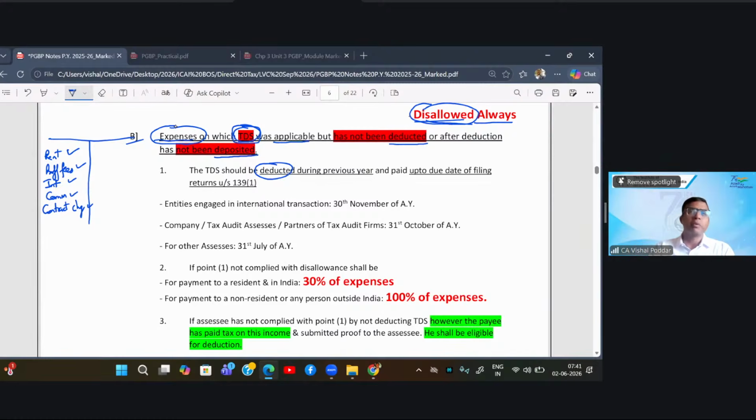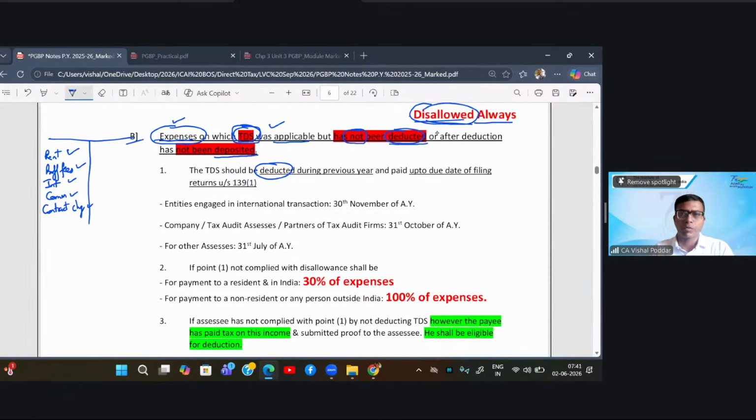Now, what does the PGBP chapter say? Whenever you are making payment of business expenses on which TDS was required to be deducted as per the TDS chapter, and you did not deduct the TDS, so you forgot, you missed, so you made me the entire 5 lakhs payment without deducting the TDS.